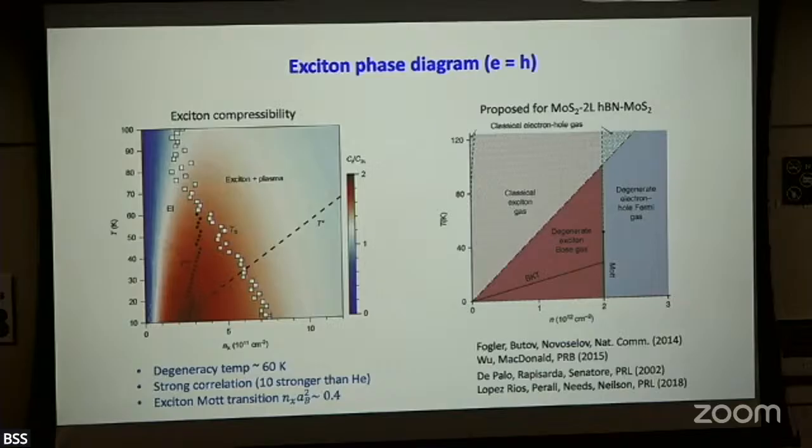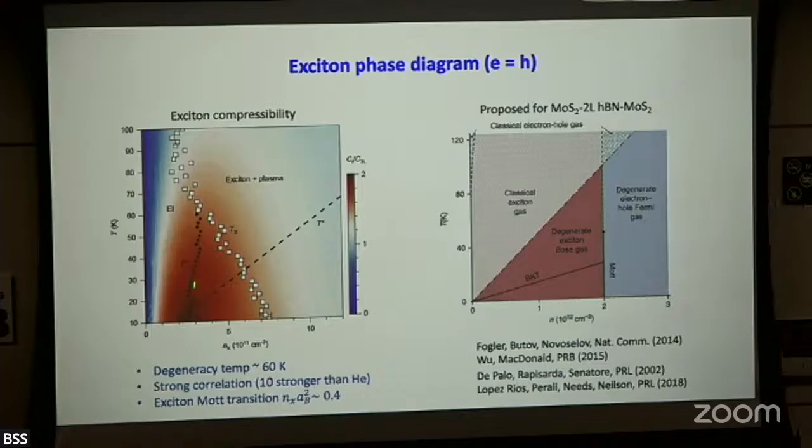First, let's look at the black squares, which are the exciton ionization temperature, which we measured from the charge compressibility. This is some kind of crossover from exciton to electron-hole plasma. That's this line. And this dashed line is the estimated degeneracy temperature, just based on the density.